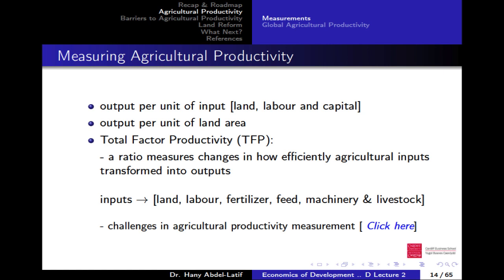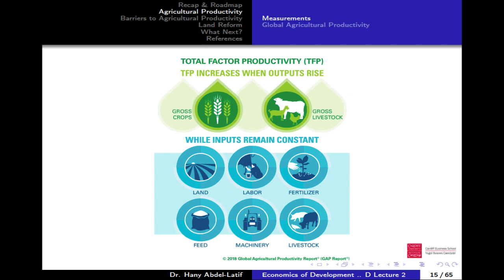If you want more readings, this is optional, so you don't have to read it. It's just a paper that summarizes more issues in the literature on measuring productivity in the agriculture sector. But what we are concerned with today is this concept, total factor productivity.